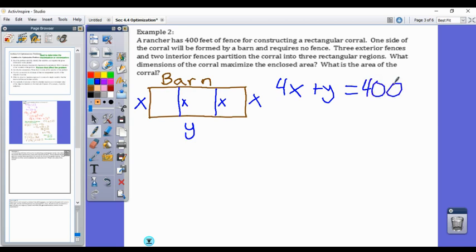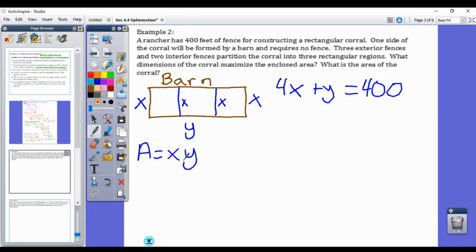Okay, now the other thing that I care about for this problem is the area of the corral. So we know that the area of a rectangle is going to be length times width, which in this case is x times y. So area is x times y.